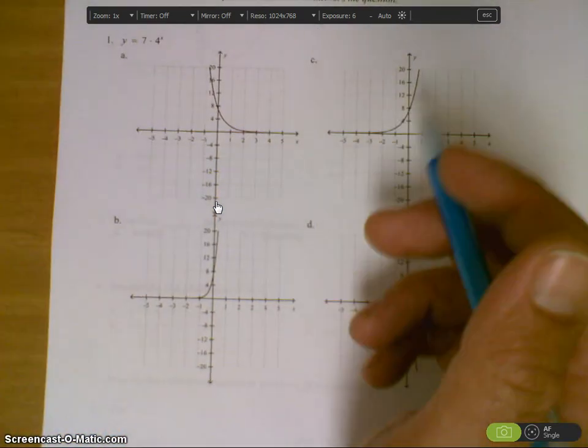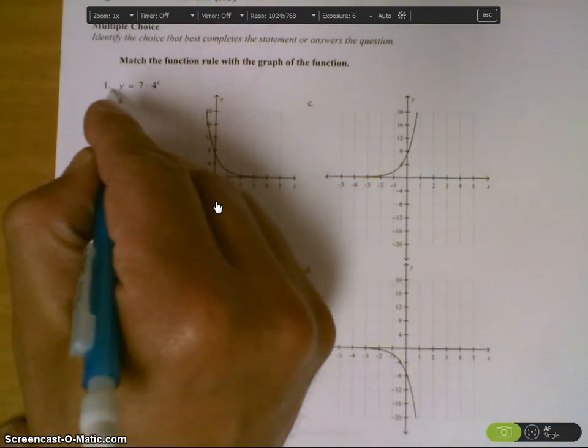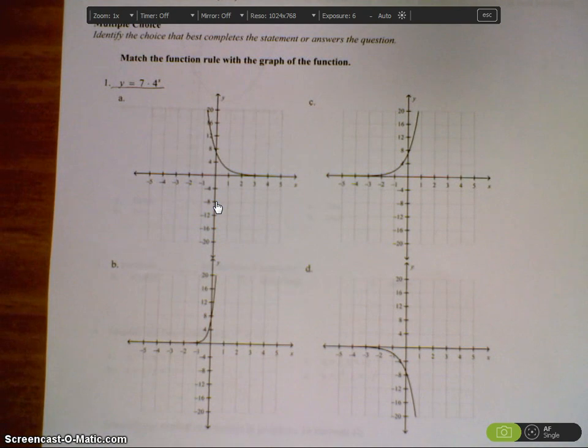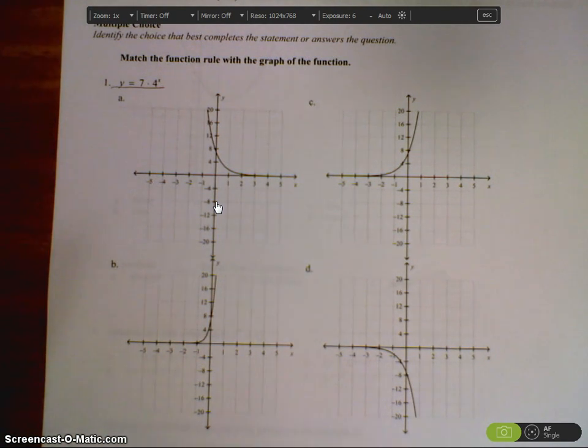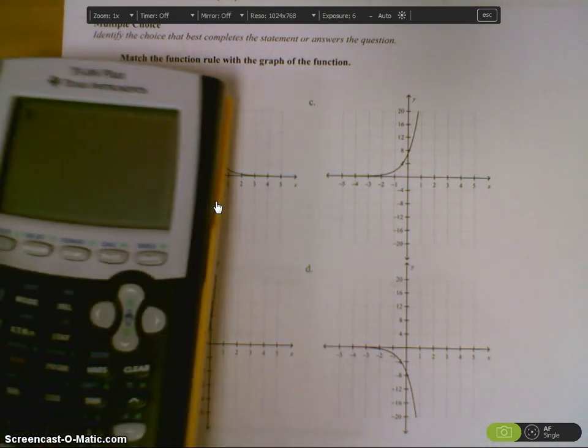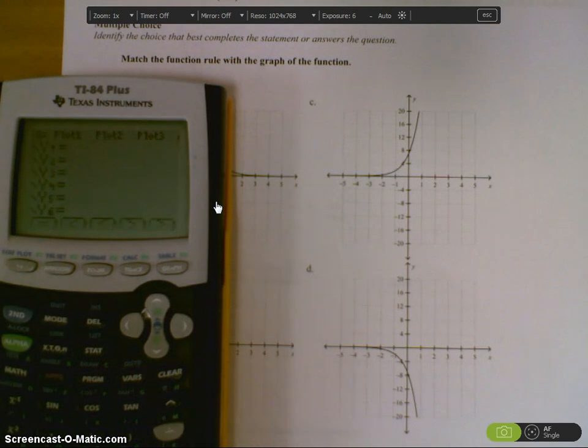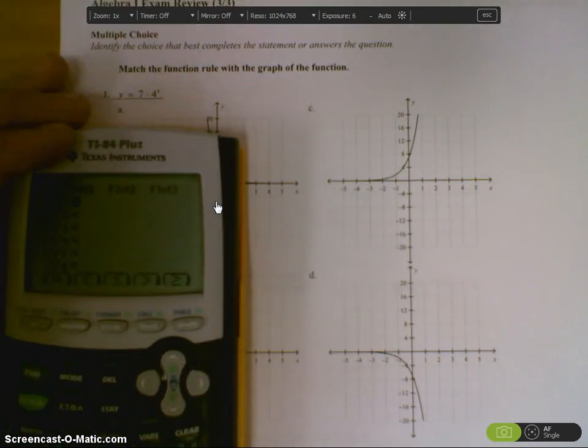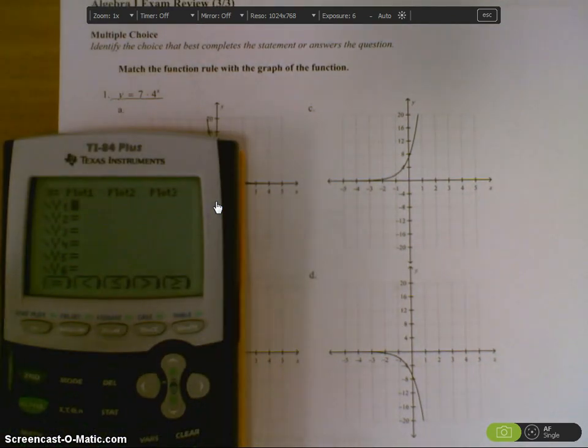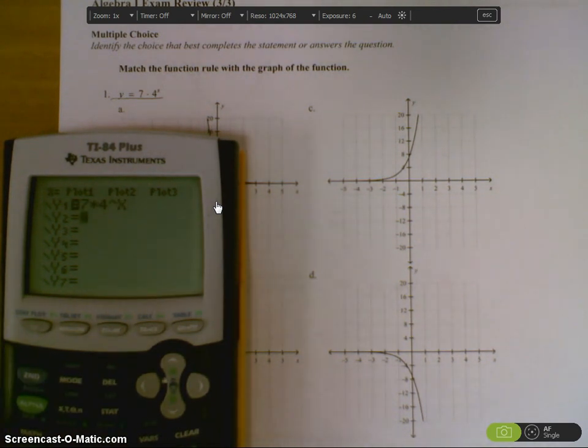All right, the first question wants us to take this equation, y equals 7 times 4 to the x power, an exponential, and match it to one of these graphs. There's a couple ways. First, since you have a graphing calculator available, we can just plug this in and graph it.